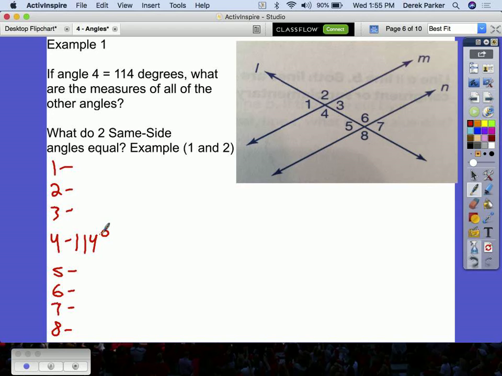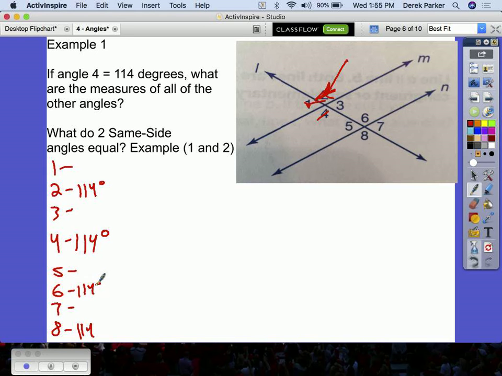Now, let's take what we know. 2 is vertical, that means 2 is 114 degrees. Okay, 4 and 2 are done. 8 is the same, and so is 6. So that means 8 is 114 degrees, and so is 6.